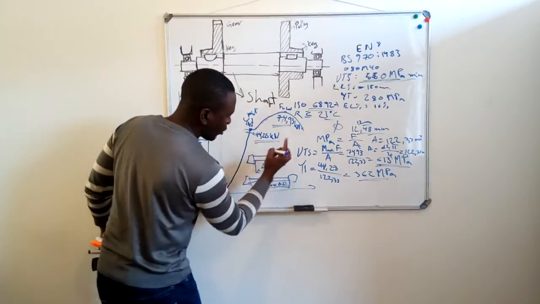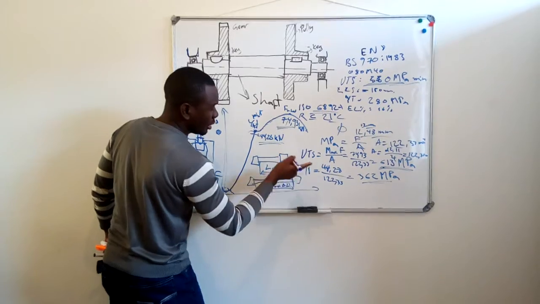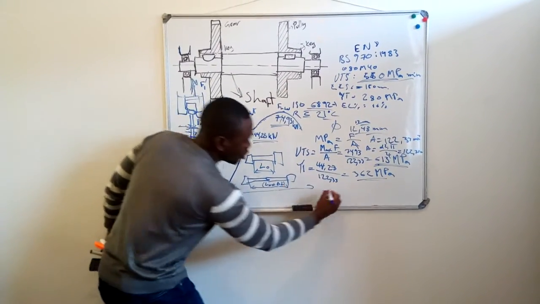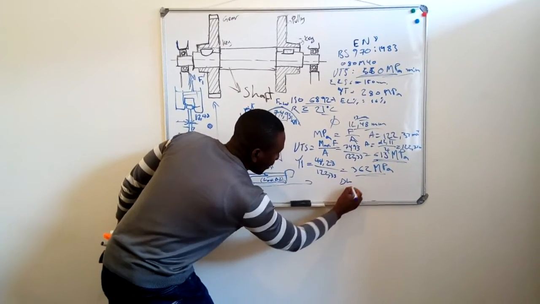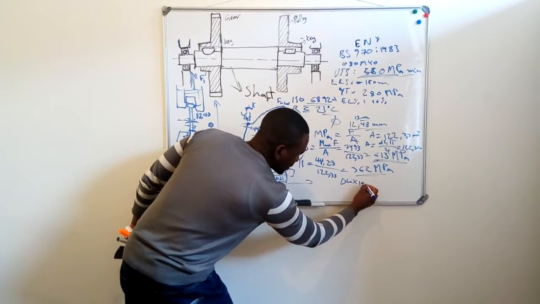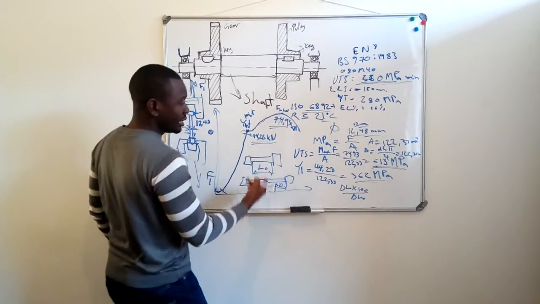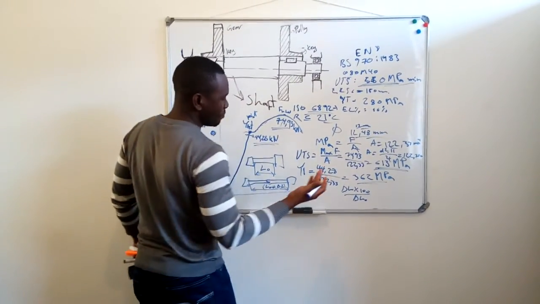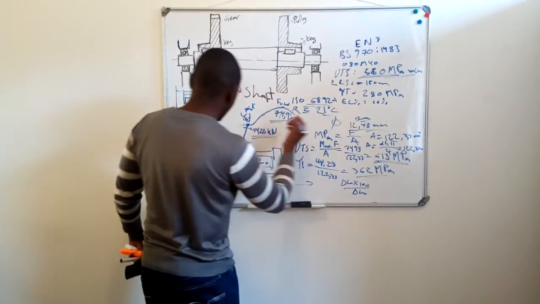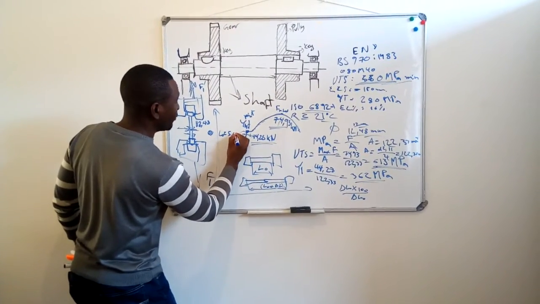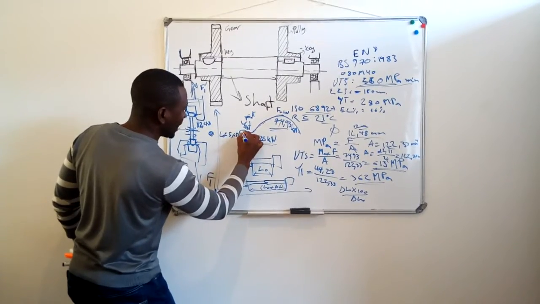So now, for me to get the percentage of ductility, or the percentage of elongation, I take the differential L, multiplied by 100 over L0. In this case, for BS material, your initial L is given by 5.65 square root of the area.